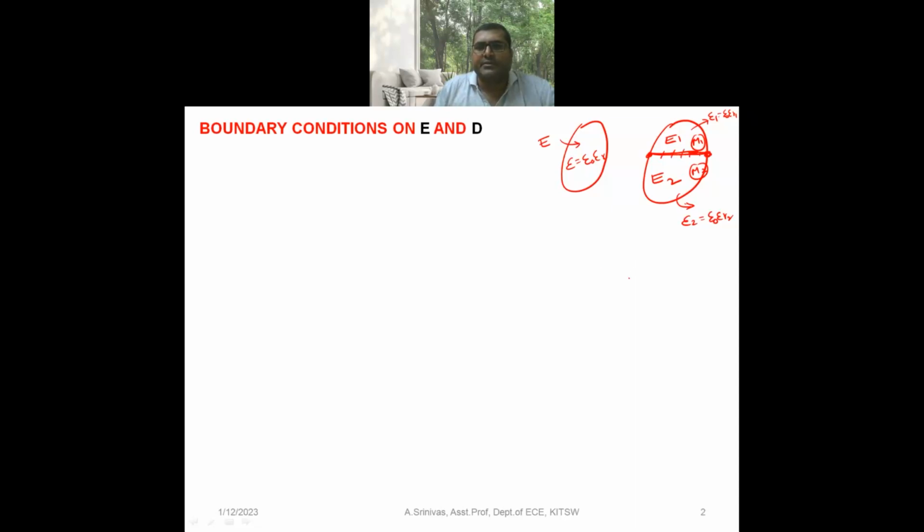Before discussing boundary conditions, the electric field in medium 1, E1, can be split into its tangential component and normal component, ET1 plus EN1, and E2 is equal to ET2 plus EN2. The electric flux density can likewise be split into its tangential and normal components.